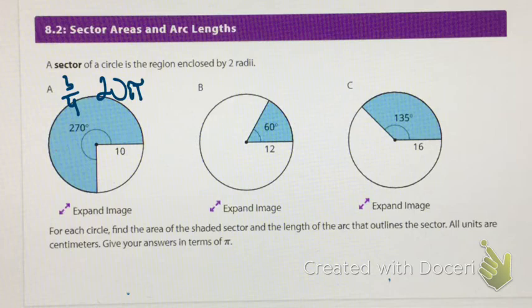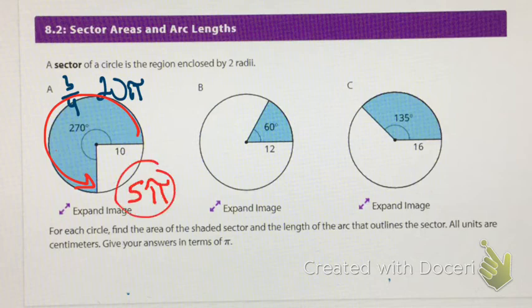So that arc length, remember we're talking about the arc length around, but we're not going all the way around. We're going this far around. That's going to be an arc length of 5 pi. And over here we're going to do the same thing, except we're just going a little bit around. We're going 1/6 of the way around.